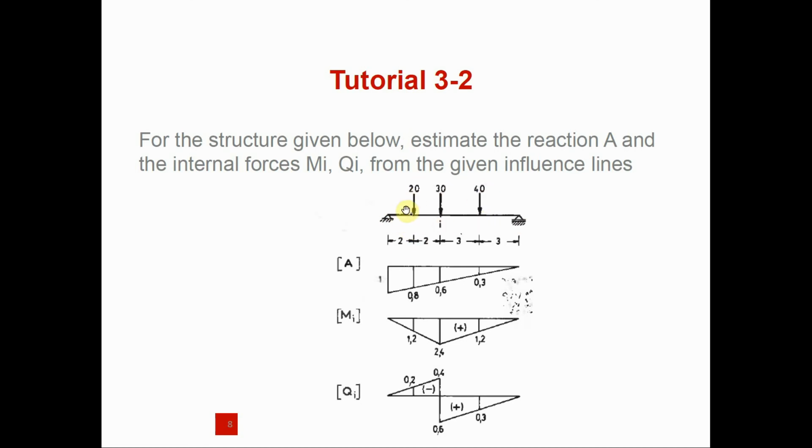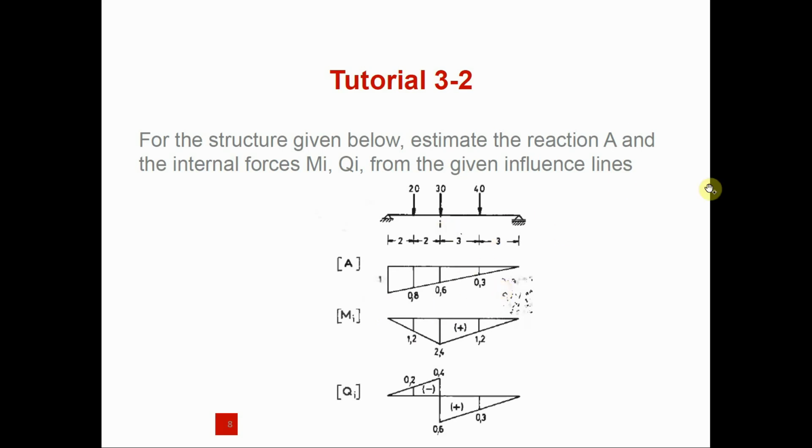Point loads at 2 meters from A, 4 meters from A, and 7 meters from A. The influence line that we drew the other time is the influence line for the reaction at A, as we already know. Now, we are asked to estimate the reaction at A and the internal forces M_i, Q_i for the given influence line.